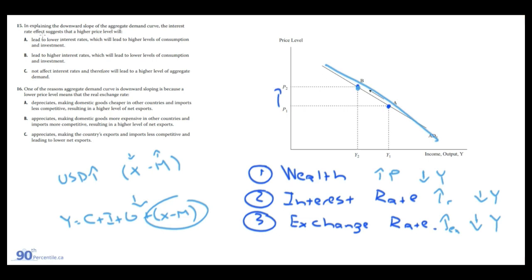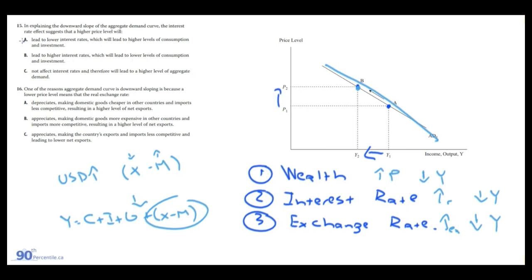So now going back to the questions, in explaining the downward slope of the aggregate demand curve, the interest rate effect suggests that a higher price will, well, the key thing here is that higher prices are going to lead to lower output, right? So you can almost skip the whole extra step about worrying about interest rates, so we can just look at the answer that has a lower level of consumption.